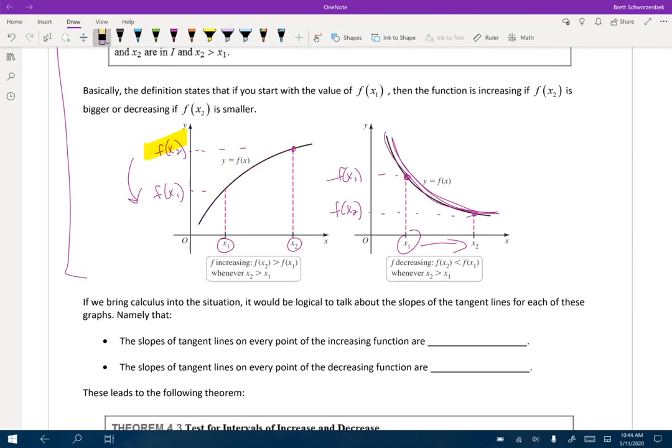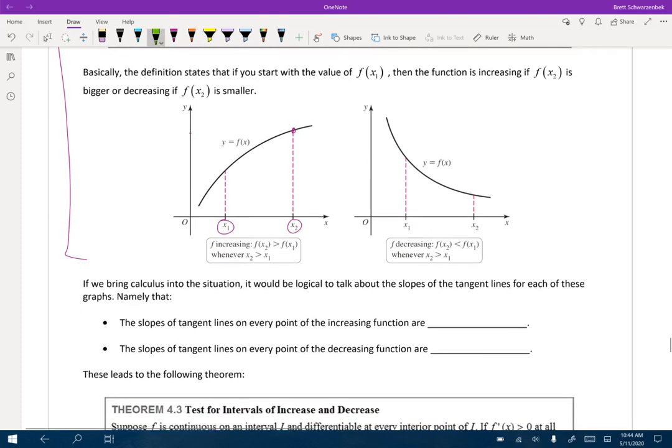So let's get rid of some of the stuff that we put in here, and let's say that I wanted to use tangent lines to break this apart and understand it. Just look at this increasing function here. Let's say I put a point here and drew a tangent line, and then I put a point here and drew a tangent line, and then a point here and drew a tangent line, something like that.